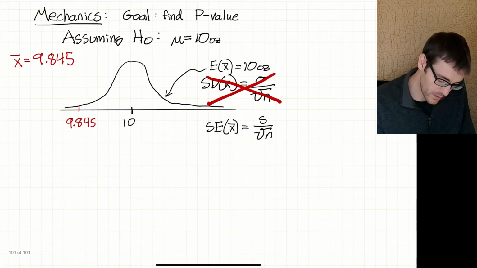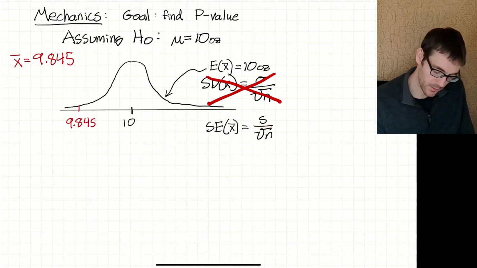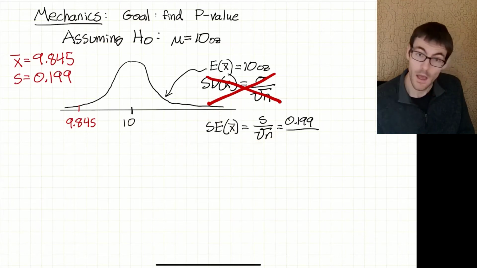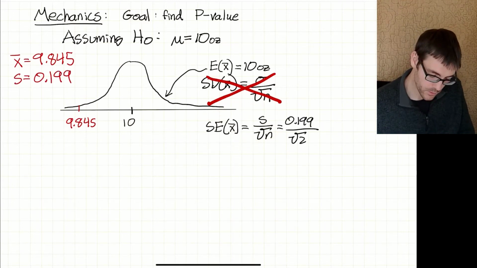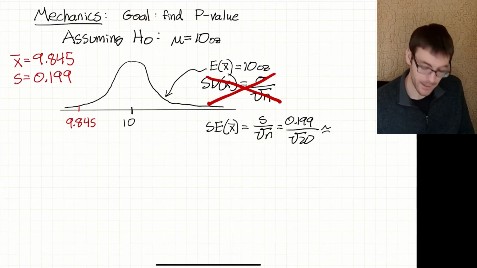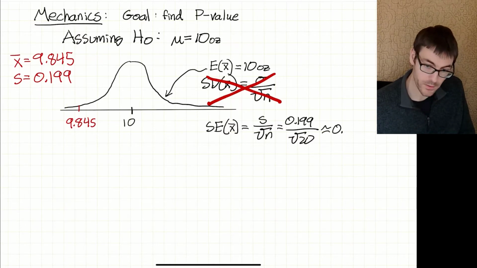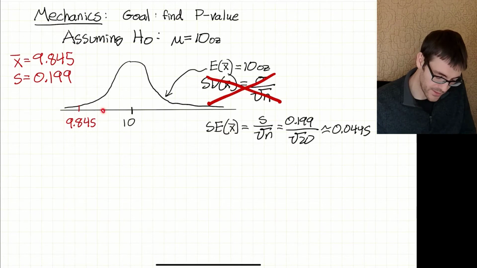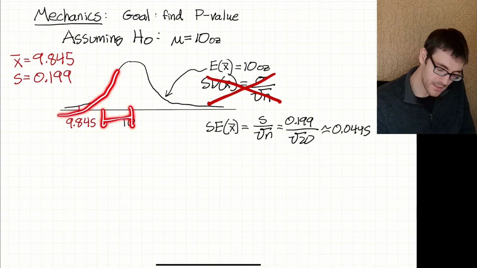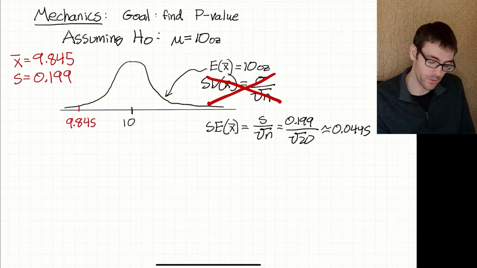So we can use that to calculate the standard error. And when we plug in these numbers, we get that our standard error here is 0.0445. In other words, the standard deviation of the probability distribution for the sample mean is 0.0445.